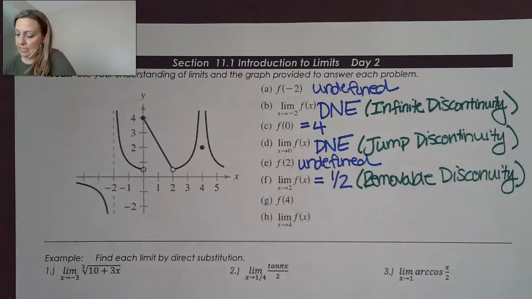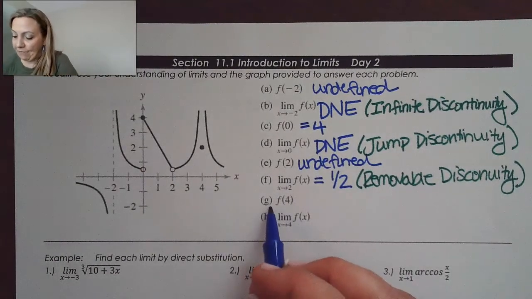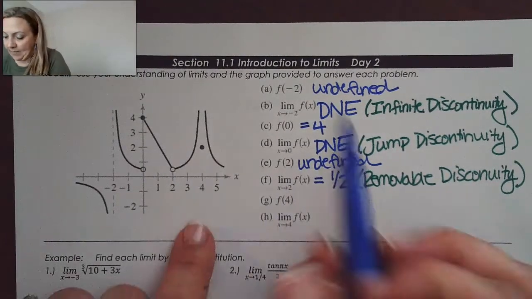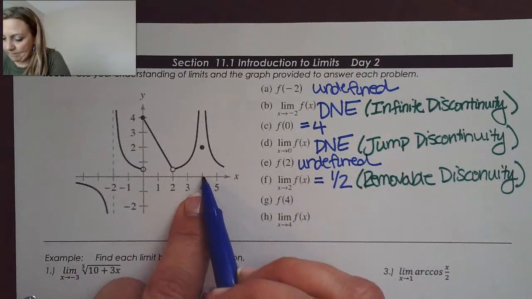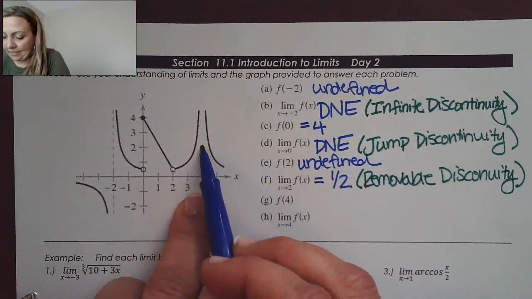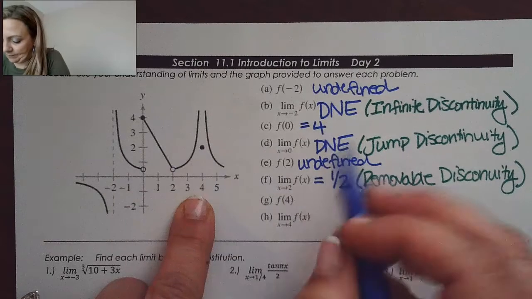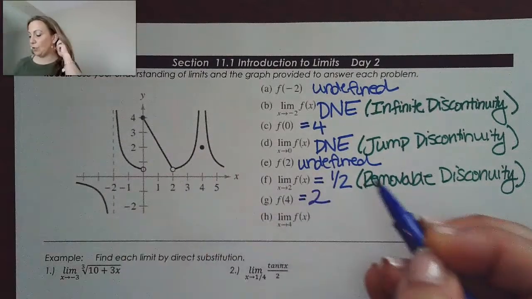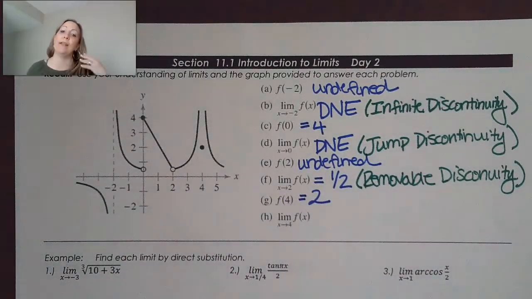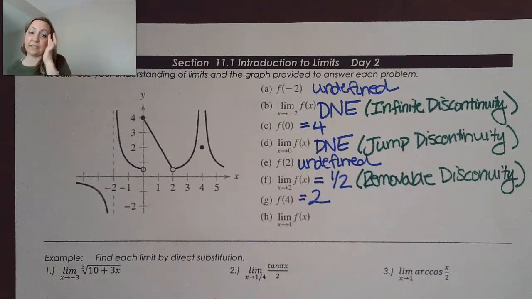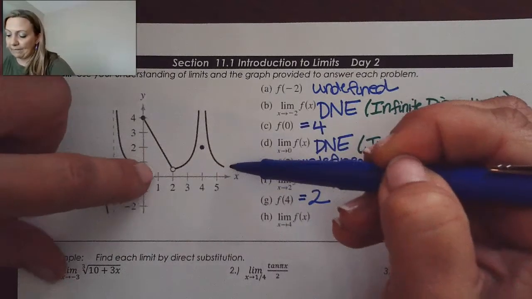Letter G, f of 4. F of 4 looks like it has a value of 2 because there's a closed circle at 2. So when x is 4, the function is defined as 2. What about the limit as x approaches 4? What happens as we approach 4 from the left and the right?